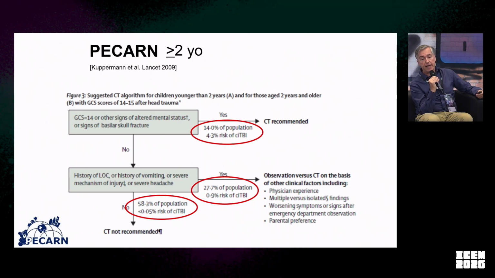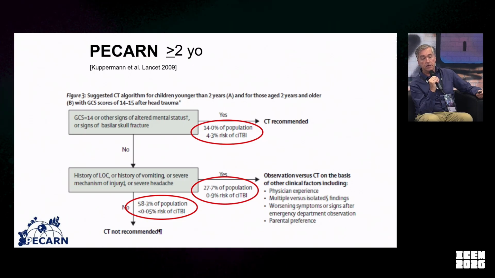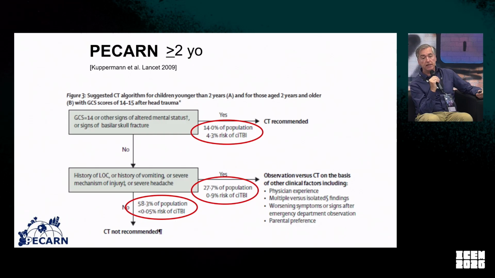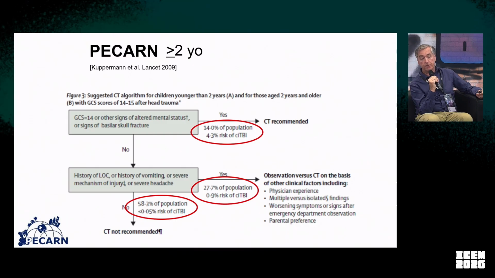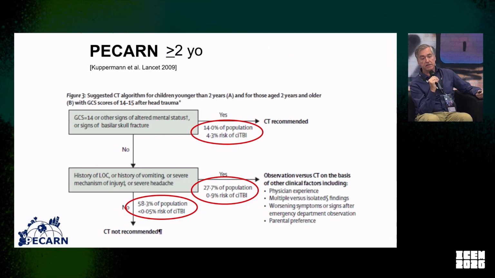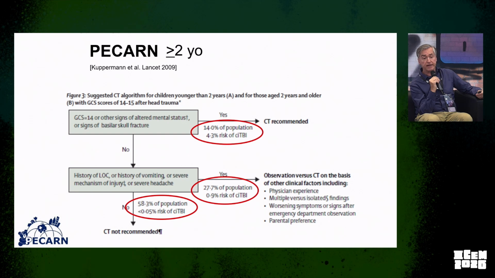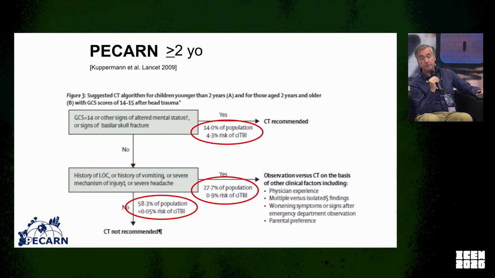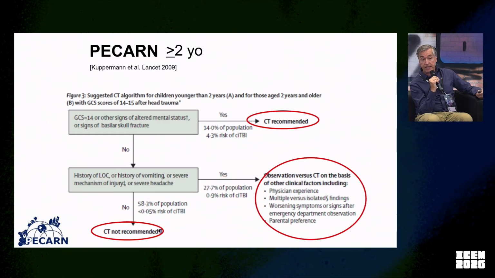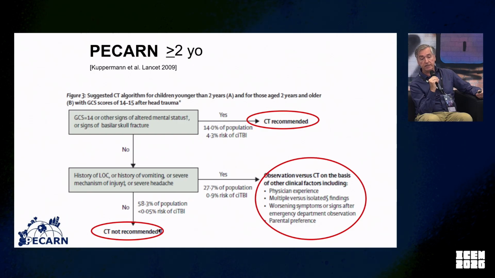If they had a GCS of 14 or other signs of altered mental status or signs of basilar skull fracture, their risk of clinically important traumatic brain injury was 4%. If they had some of the other factors, their risk was about 1%. And if they had none of these risk factors, the risk of clinically important traumatic brain injury was less than 0.05%. Their recommendation based on that was that the high-risk patients should have a CT scan.